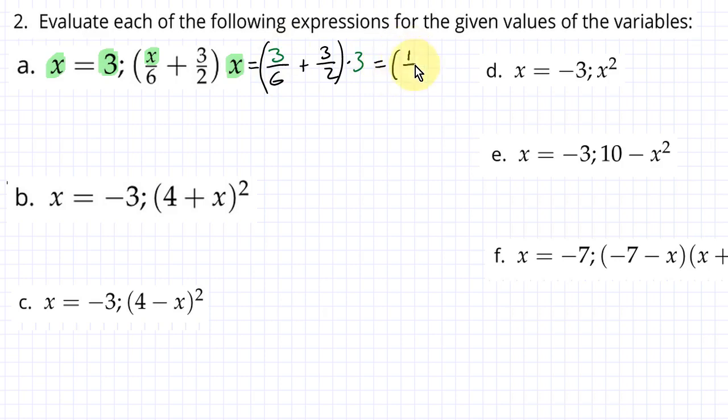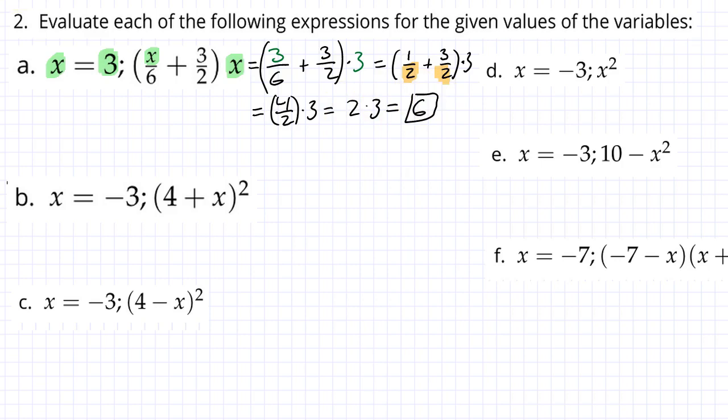So that becomes 1/2 plus 3/2 times 3. And the 1/2 and the 3/2 are the same kind of fraction. They have that common denominator there, which means you can combine the tops to become 1 plus 3, which is 4 over 2. Still times 3. 4 over 2 is 2. So the whole thing becomes 6.